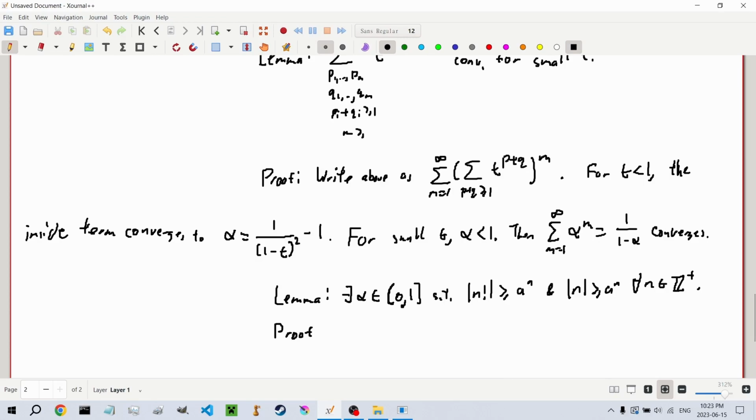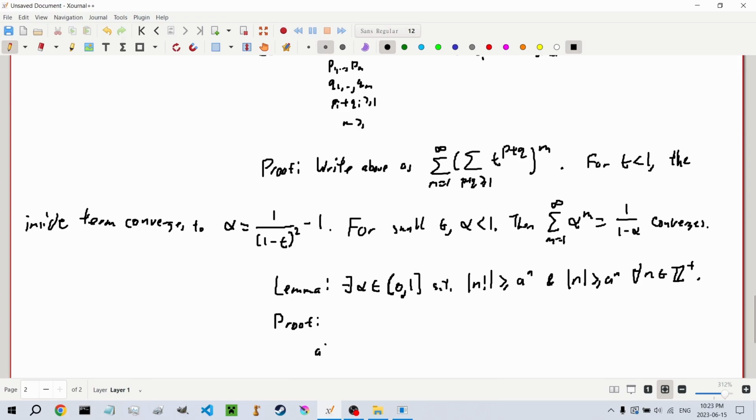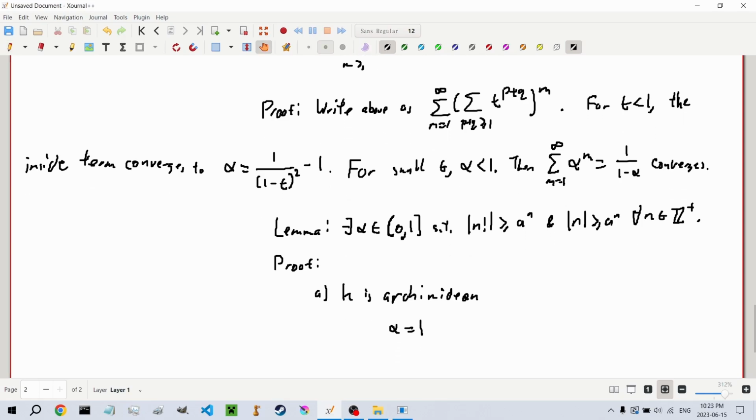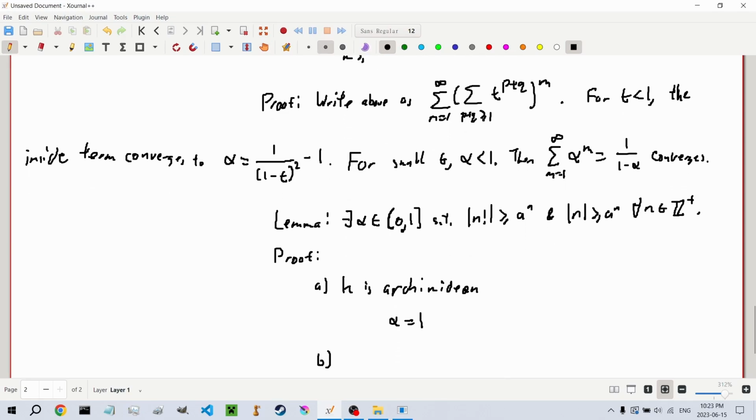Now the proof of this, in case A, where k is Archimedean, well, we can just have, of course, alpha being equal to 1, we'll trivially solve this. Likewise, case B, k is ultrametric and the restriction of the absolute value to the integers is trivial.